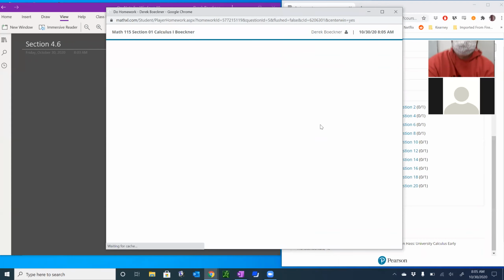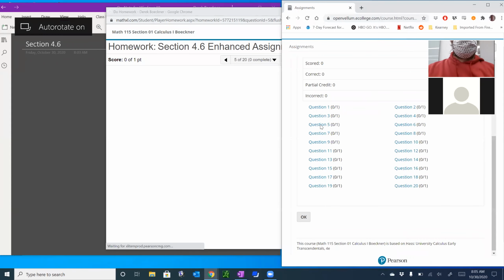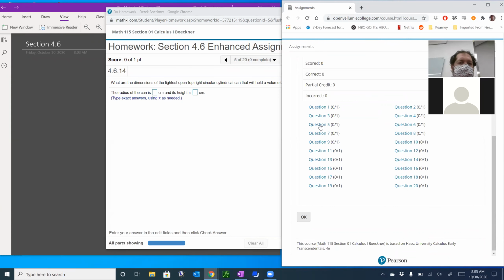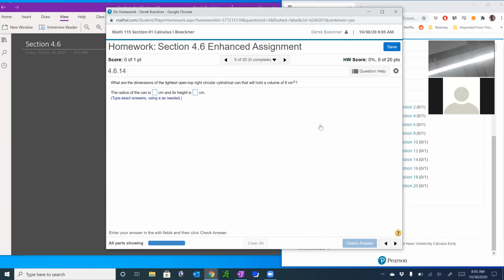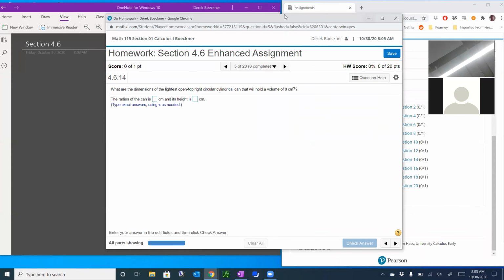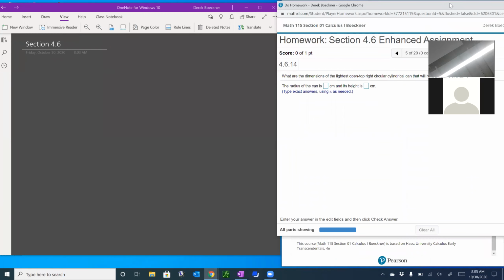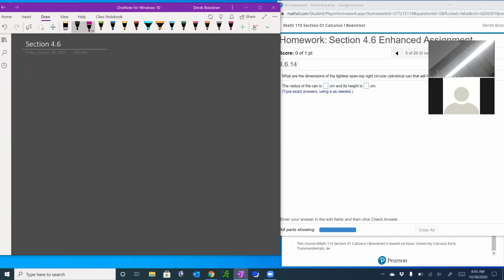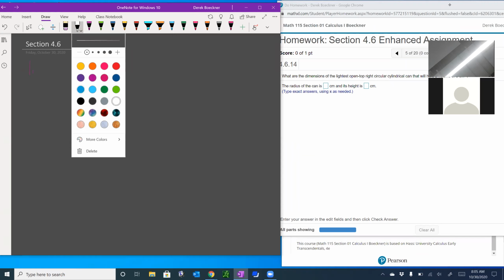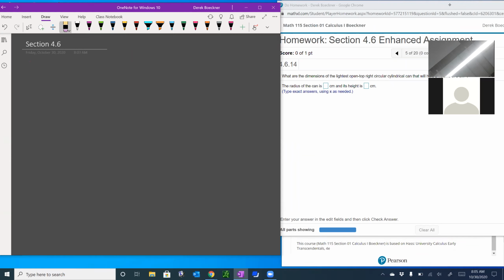Okay. The constraint bit. Okay. So lightest. Smallest something.